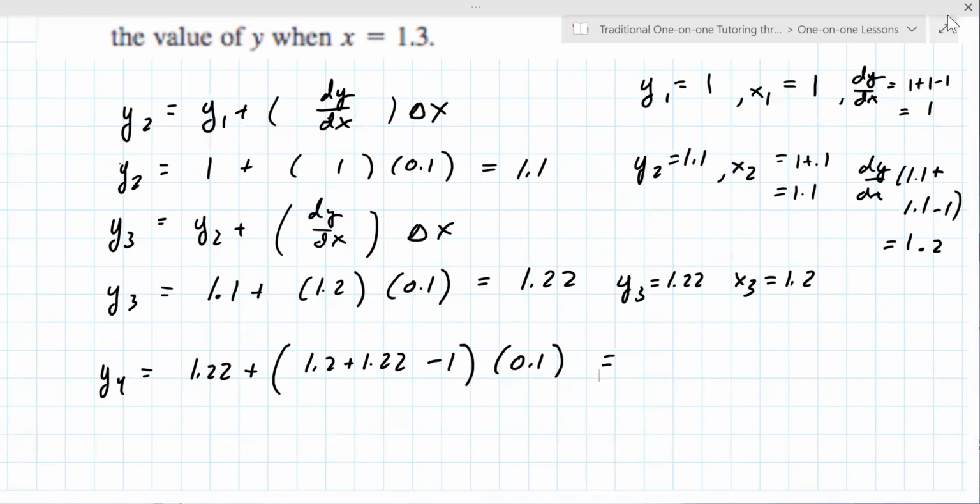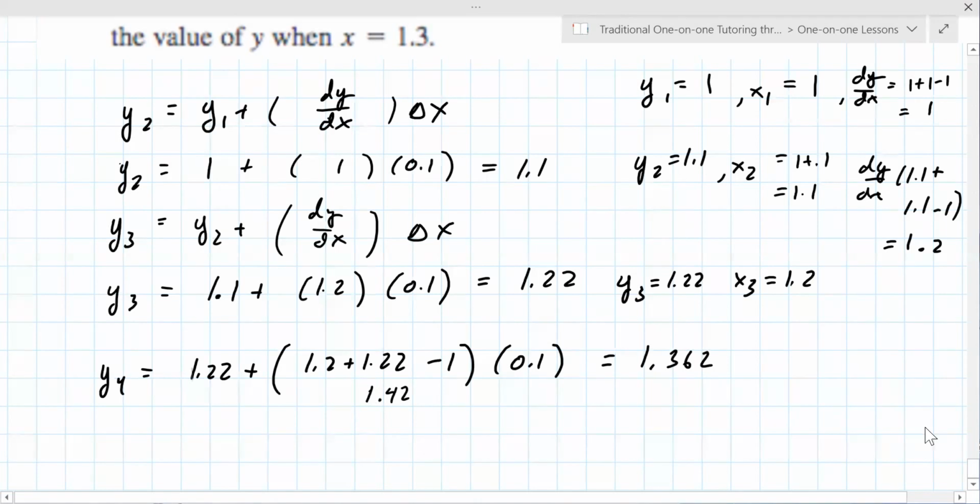I definitely need a calculator for this one. I think it's 1.342, maybe. I don't know if you got a calculator. The numbers aren't really that important, but you want to get them right on the exam.